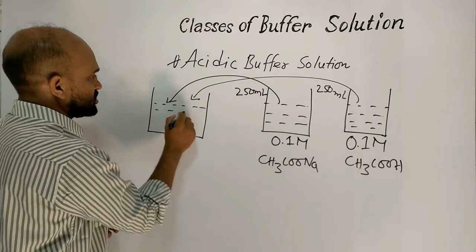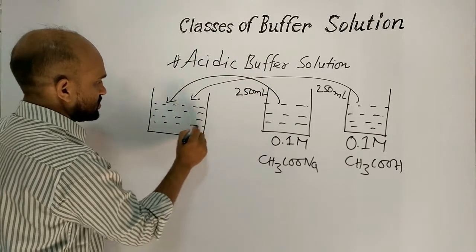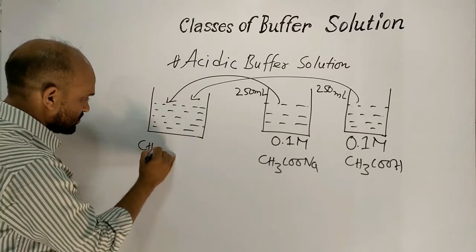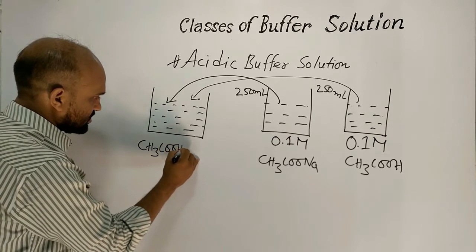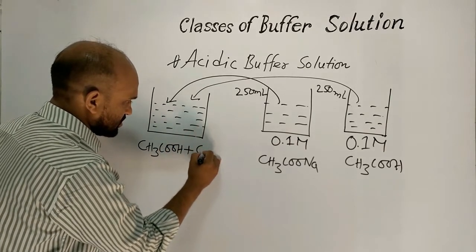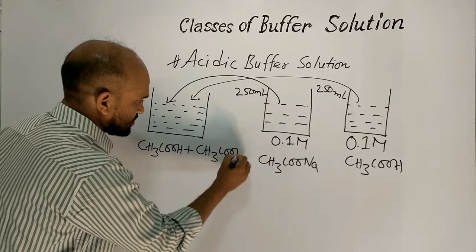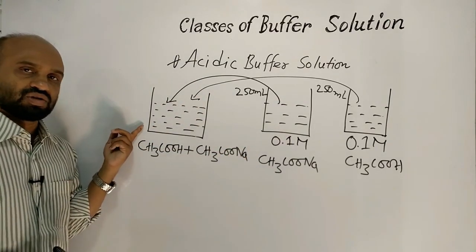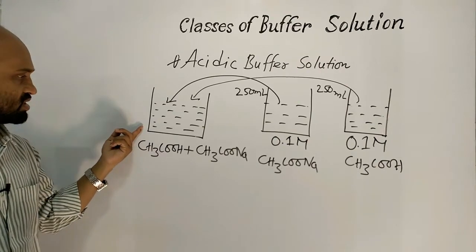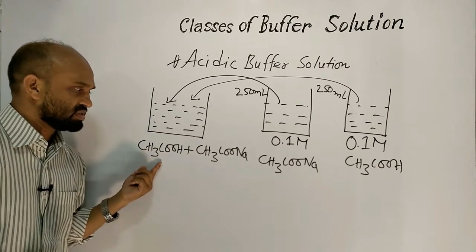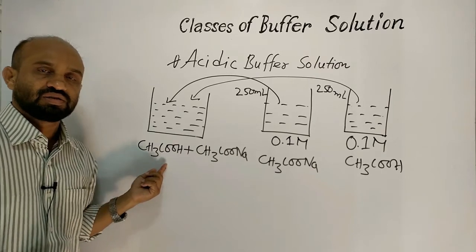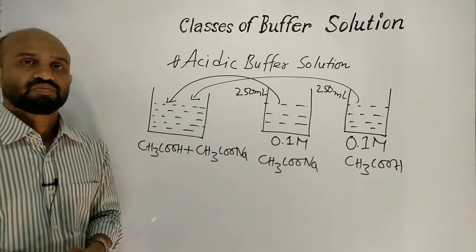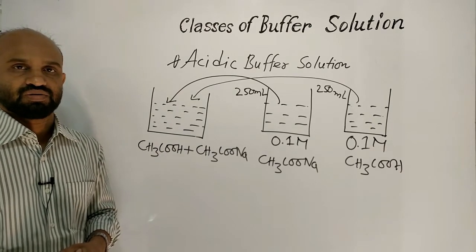So we got a solution which is a mixture of acetic acid and sodium acetate. So this is the solution which is a mixture of acetic acid, a weak acid, and its basic salt. It's a kind of acidic buffer solution.